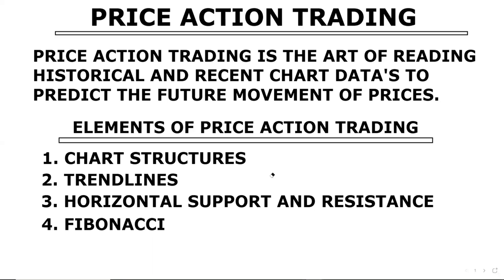Okay, so when it comes to the Fibonacci, it's important to note that the 61.8 Fib level, also known as the golden zone, ends a retracement. So whenever you are in a trade and the trade is a retracement, the 61.8 Fibonacci level ends that opportunity.